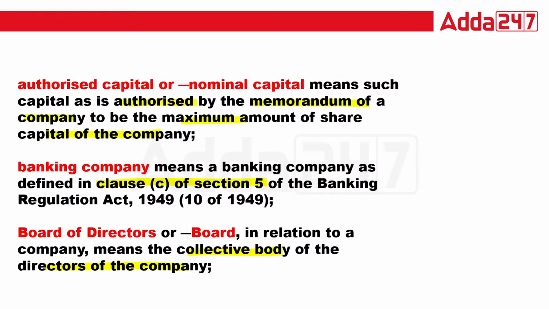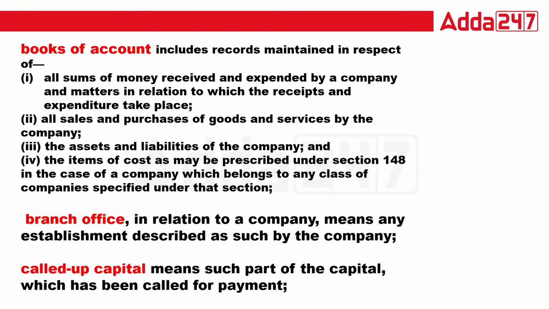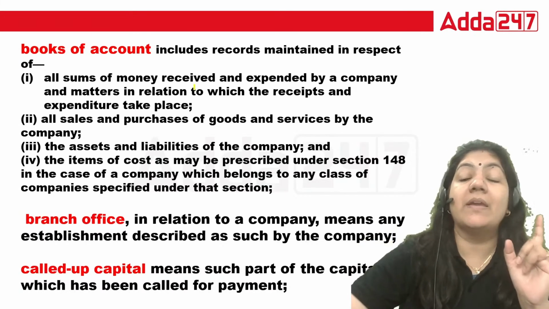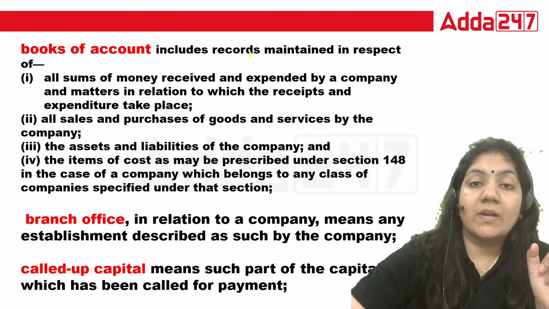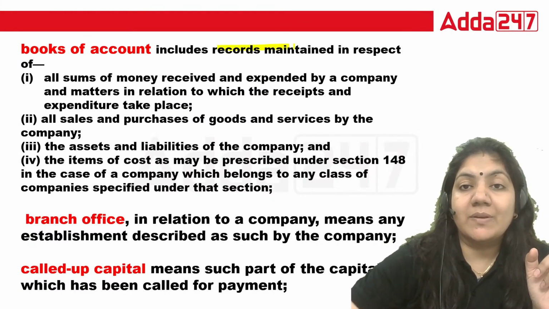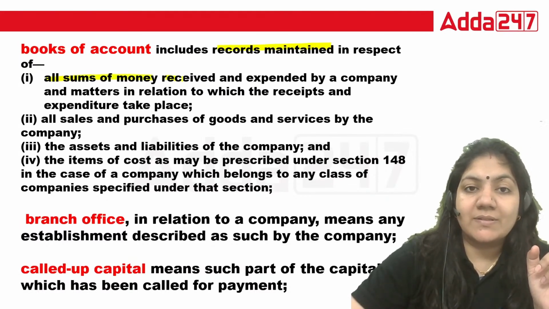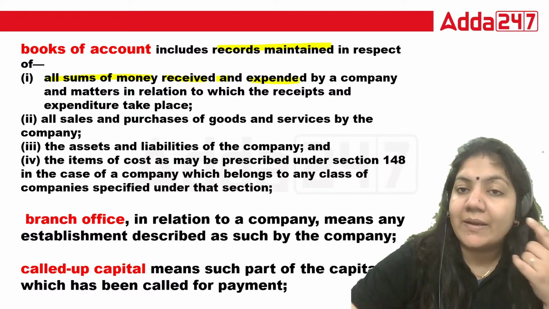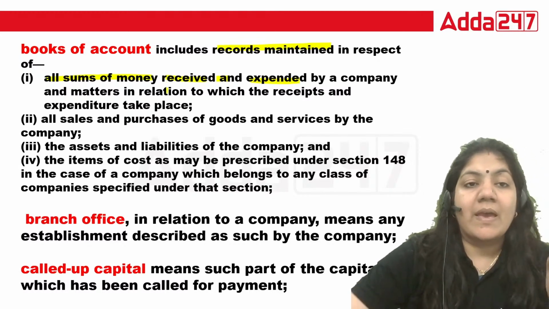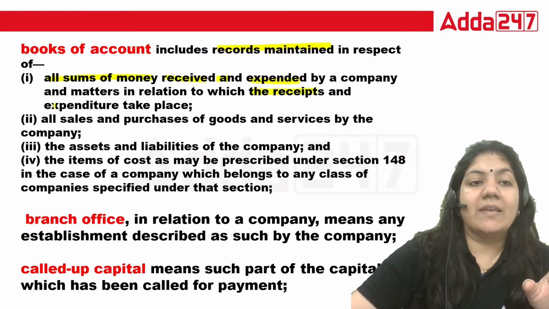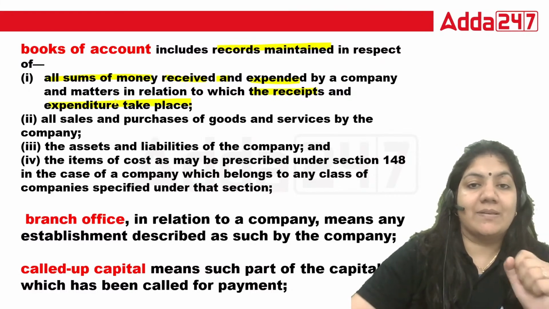Done, class? Now, the next one is, what is book of account? Books of account is basically a record that the company has to maintain. Books of account include the record maintained in respect of all sums of money received and expended by a company and the matters in relation to which the receipt and expenditure take place.